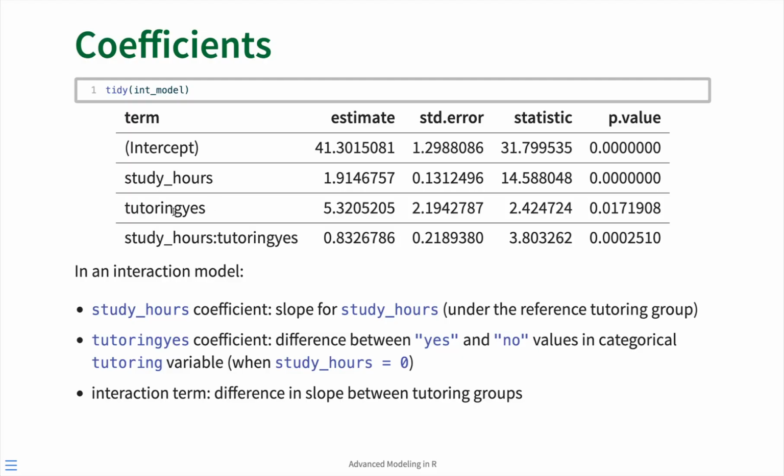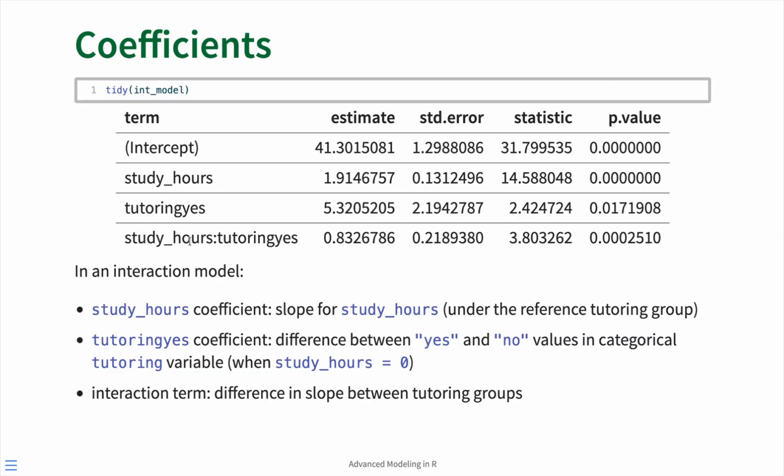It has two possible values, yes and no. In this case, no has been reserved as the baseline, and we have an estimate here of how much the response varies if tutoring is yes. Right? We see that we're predicting an increased value of the response that's 5.3 units greater.